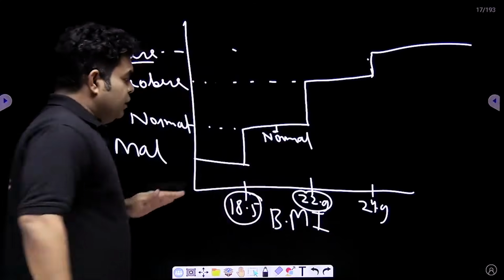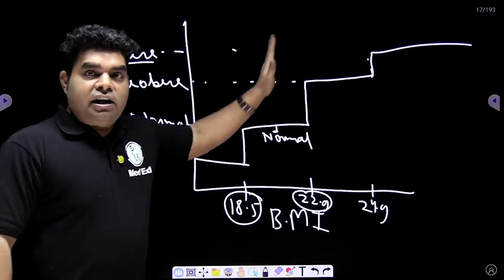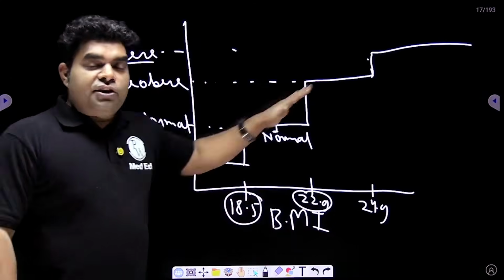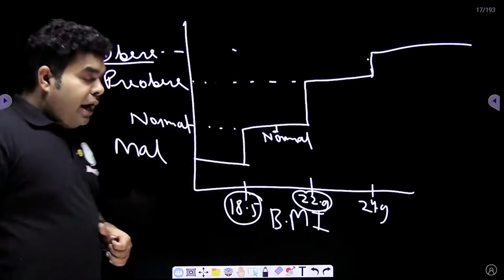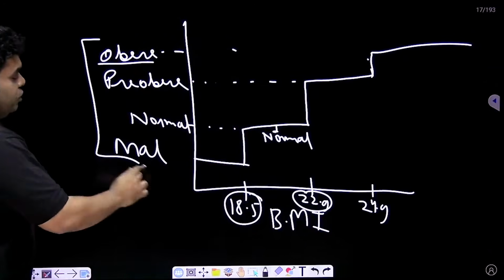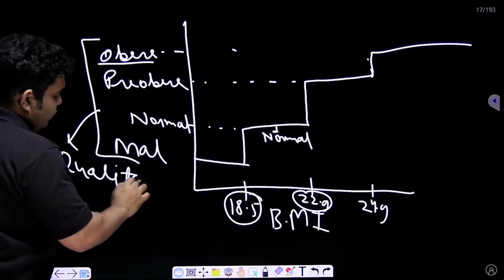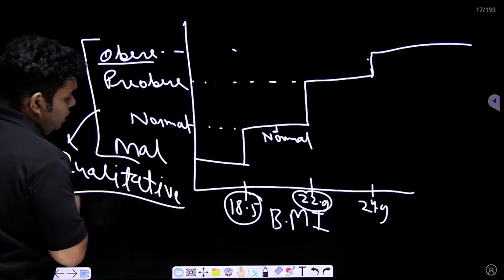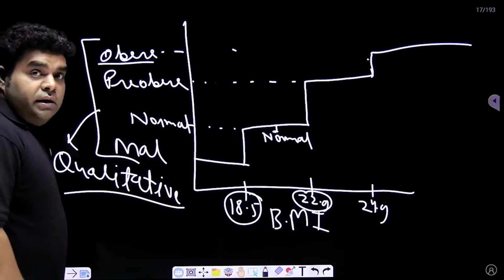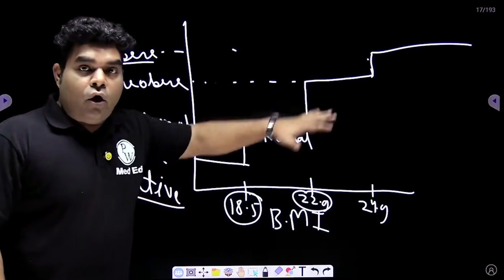So what is happening here? Suddenly it is changing the category. This type of relationship is monotonic, and all this data, obese, pre-obese, normal, malnourished, you can see is qualitative data. So when we talk about a non-parametric test, this type of curve can come.